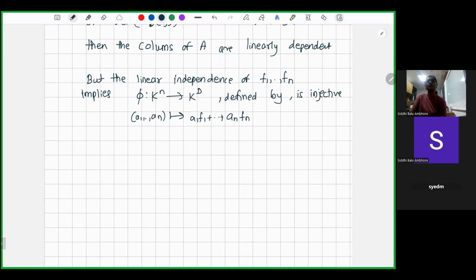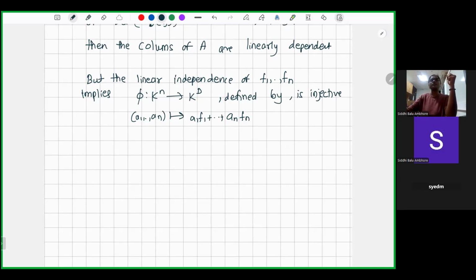If that's not the case, then it will contradict the linear independence, right? Because what is the dimension of Kn? It is the dimension of the image space plus the dimension of the kernel; this is the rank-nullity theorem I'm trying to prove here.